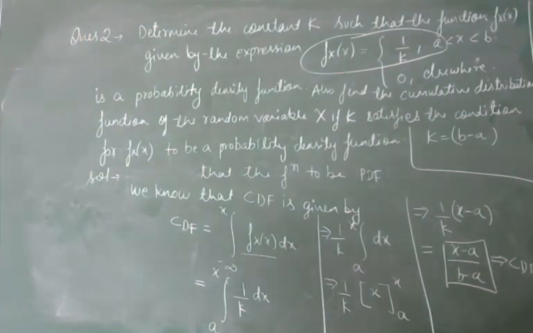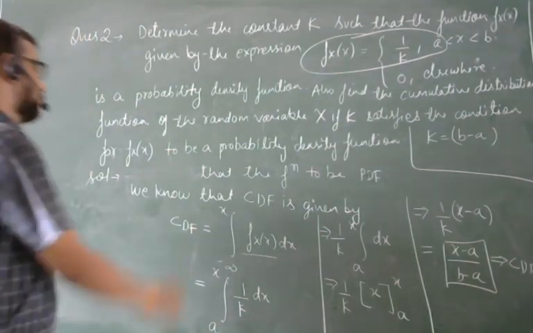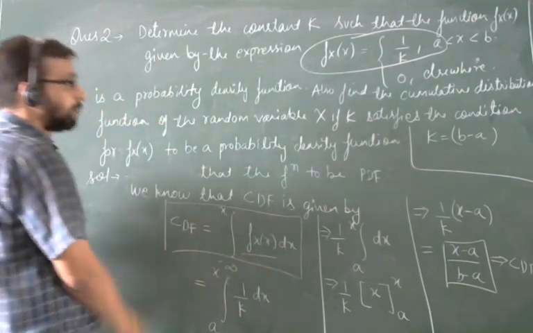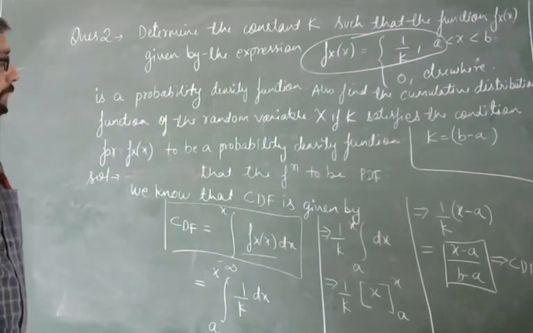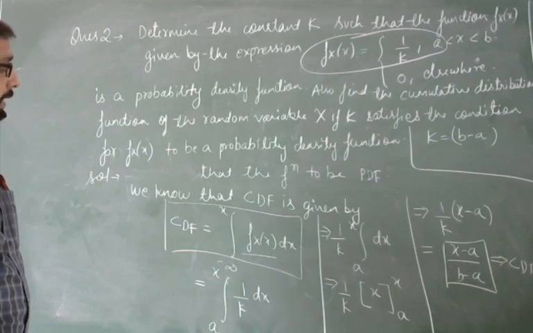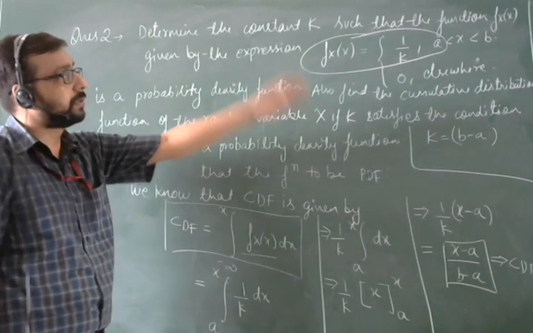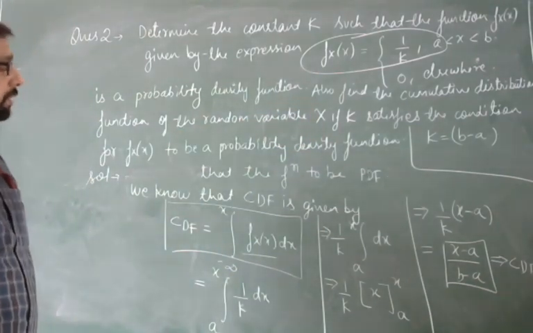ओके, simply CDF के लिए हमें ये formula use करना है जो हमने write किया हुआ है. And also simply we know that if we integrate the PDF we get CDF. हमने वो किया हुआ है, हमने limit को change किया हुआ है according to the given condition in the numerical.